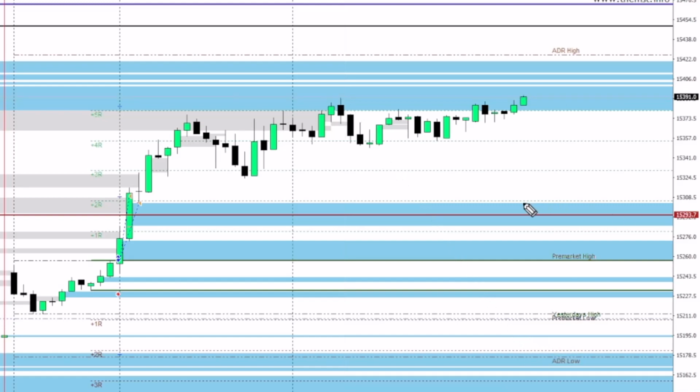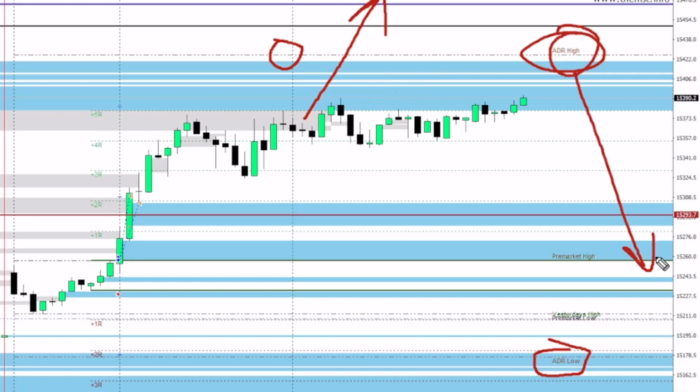So what it's doing is showing you where we would expect, on a normal day, the market, if it achieves these levels, to start to get tired, because on average it doesn't go beyond this. It stays here or it reverses from it. So these are important key levels.